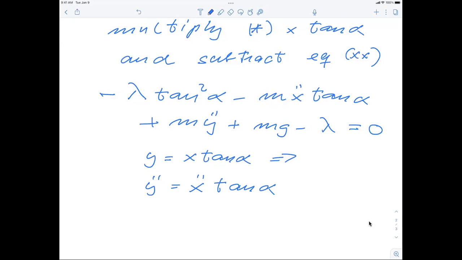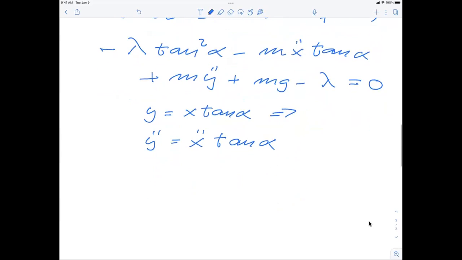Then, what we get then, if we use this, you see now that the y which we have here can be replaced with that, and this cancels exactly this term. So this is the lucky circumstance here.